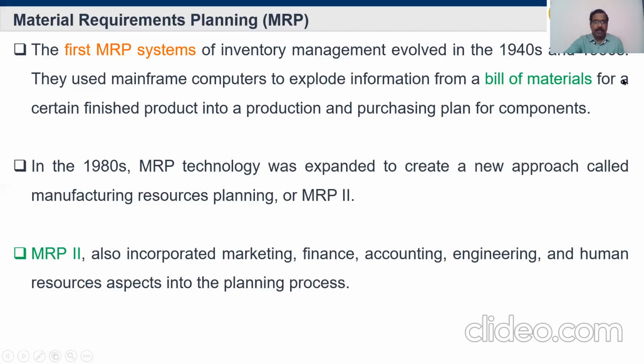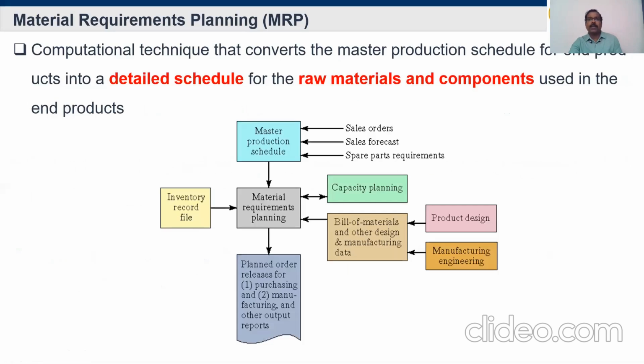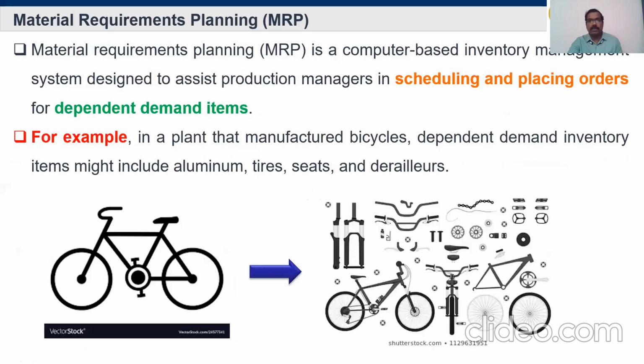Welcome back. In the last video, we were discussing material requirement planning. What is material requirement planning? We discussed it with the bicycle example. So material requirement planning is basically helpful for production managers in scheduling and placing orders for dependent demand items.